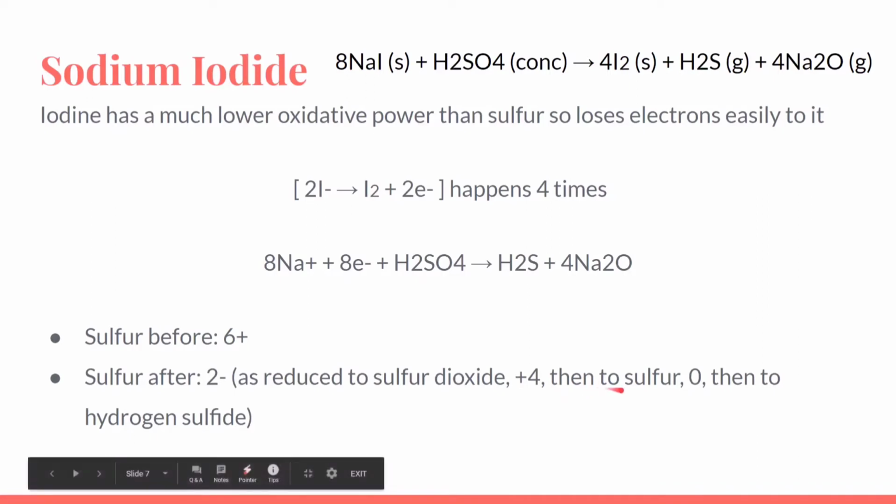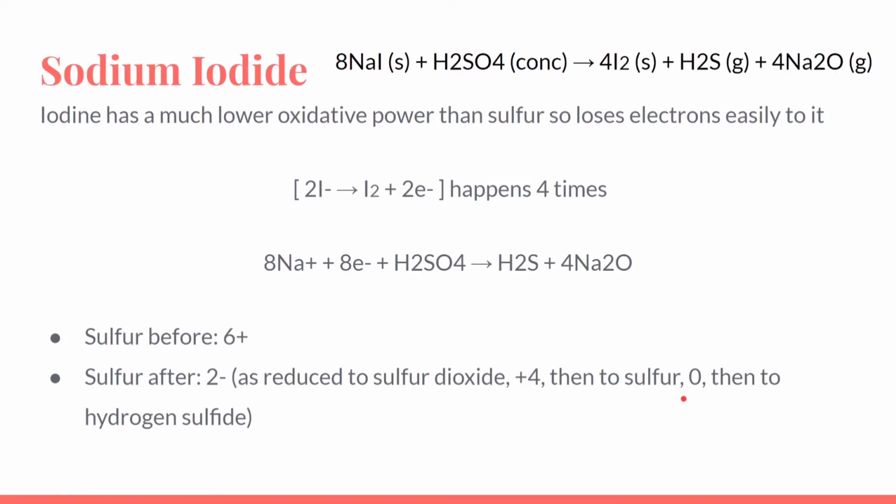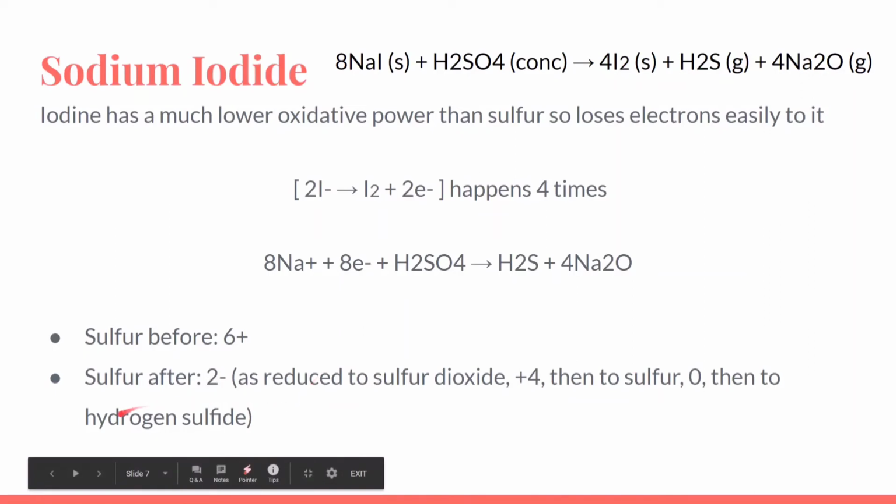And then it's further reduced to just sulfur, which in its elemental form has an oxidation state of 0. And finally, it is reduced to hydrogen sulfide, which has our 2- oxidation state. So you can see that is how sulfur has been reduced to 2- from 6+.